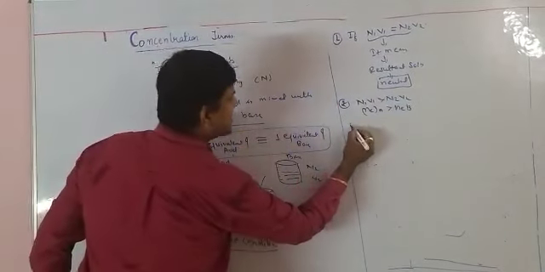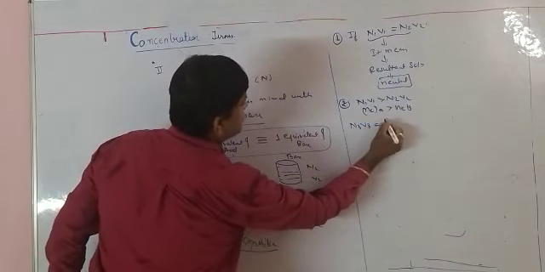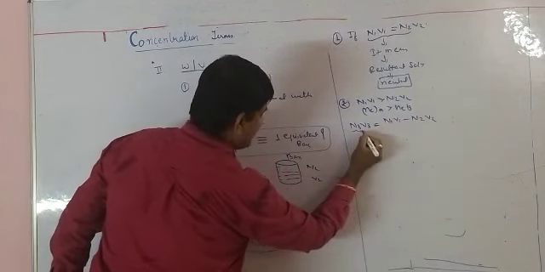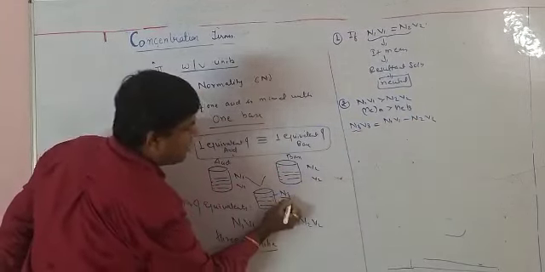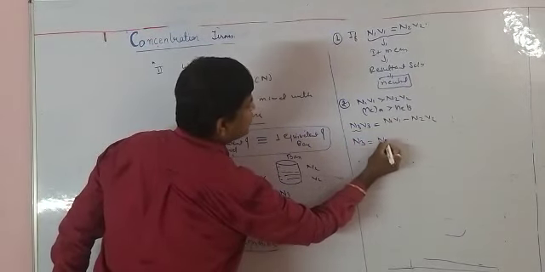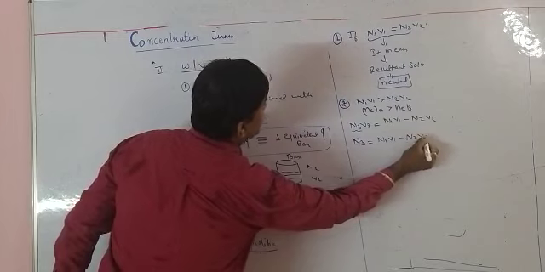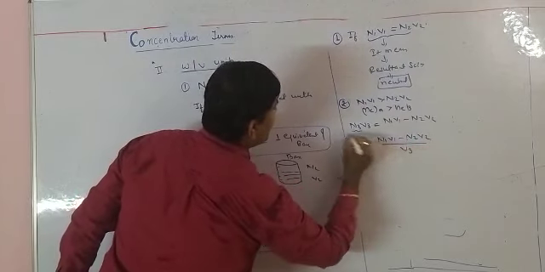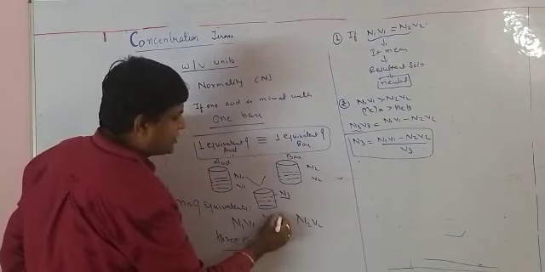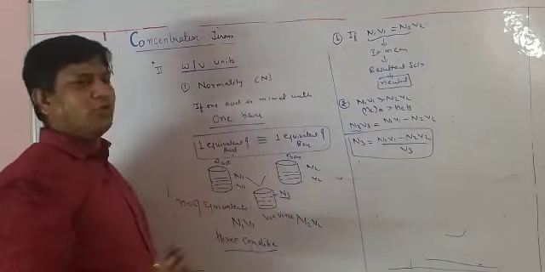So in such a case, N3V3 is equal to N1V1 minus N2V2. What is N3? Normality of the resultant solution. So N3 is equal to (N1V1 minus N2V2) divided by V3. And remember, V3 is the same: V3 is equal to V1 plus V2. It's not going to change.